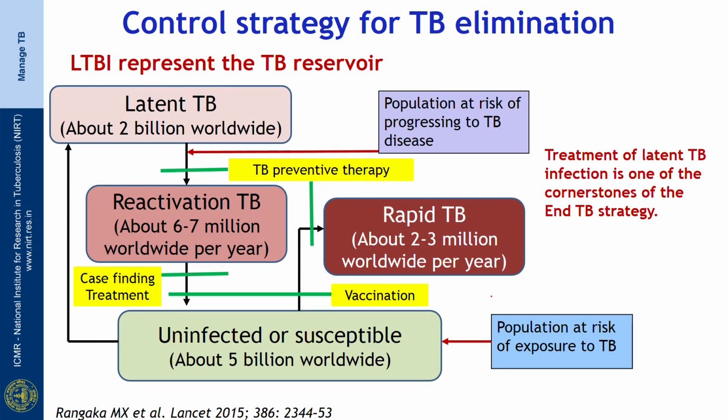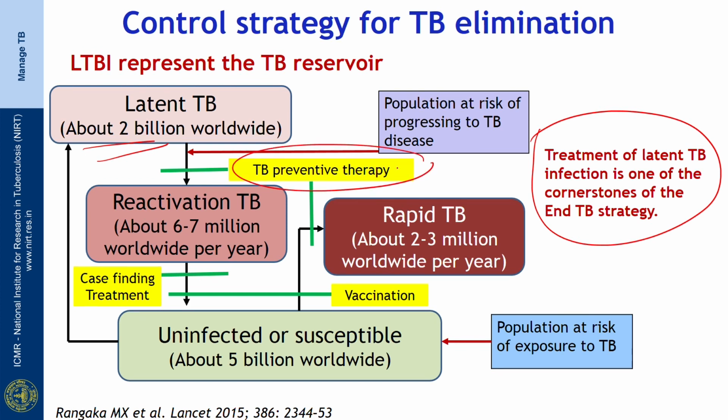So, what are the main important control strategies for TB elimination? Addressing latent TB infection is very important for TB elimination, and treatment of latent TB infection is one of the cornerstones of the NTEP strategy. In order to prevent the latent TB infected from breaking down to active TB disease, TB preventive therapy can be used. For those who have reactivation or active TB disease, to prevent them from infecting the susceptible or uninfected, early case detection and appropriate treatment is very important.